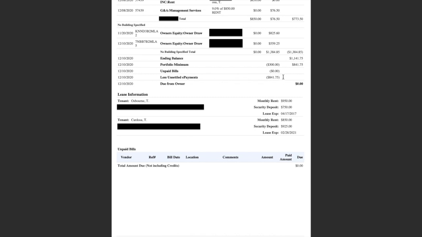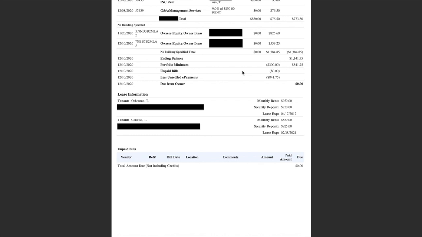So in this case, there was one e-payment that had not fully transacted at the time we did the statement, and it was for $841.75. So that amount is being withheld again off of this amount due to the owner. In this case, there is a 0 amount due from the owner. There's nothing due from the owner. If there was an amount due from the owner, that amount would show here.